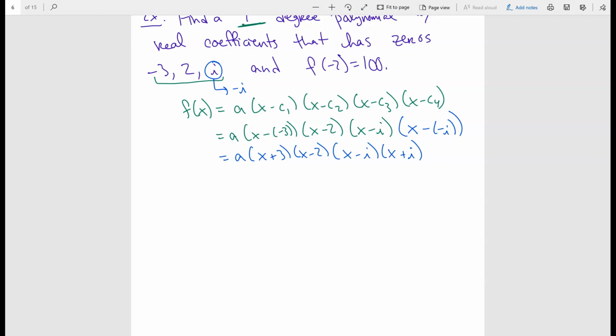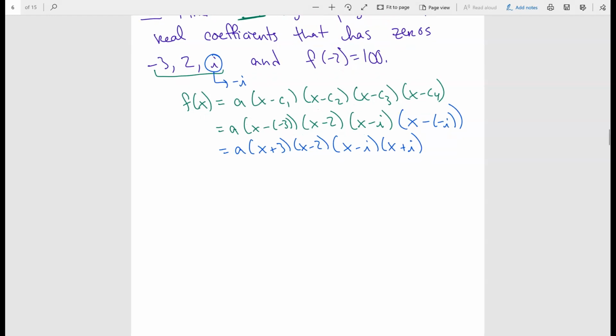All right. So now what we want to do, let's go ahead and FOIL all this out. Okay, so when I FOIL this guy out, you're just going to get x squared plus x minus 6. This guy, we know how to FOIL this out. So this guy is just going to give me x squared plus 1.